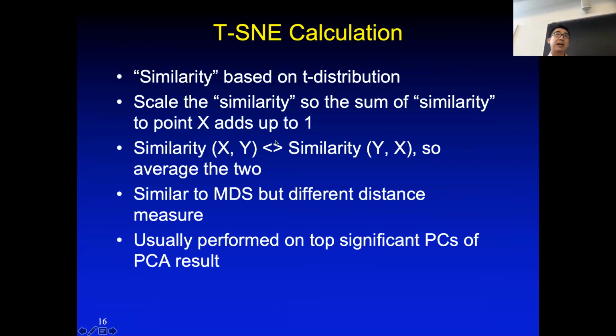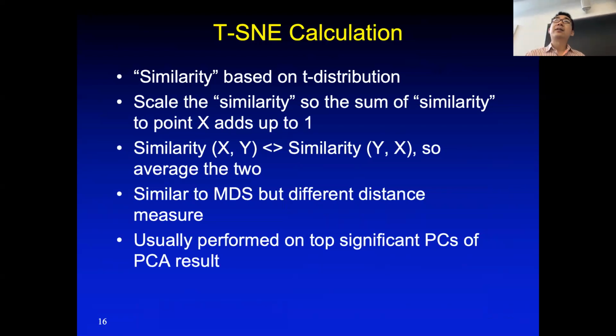After the scaling, the similarity of x to y will not be equal to the similarity of y to x because they are using different scaling. So usually, if we want to calculate the distance, we just average the two. Also, you can imagine this method is similar to MDS, but MDS uses a linear evaluation, the Euclidean distance, while t-SNE uses a probability distribution, which is nonlinear.